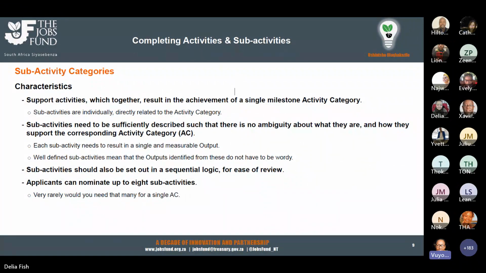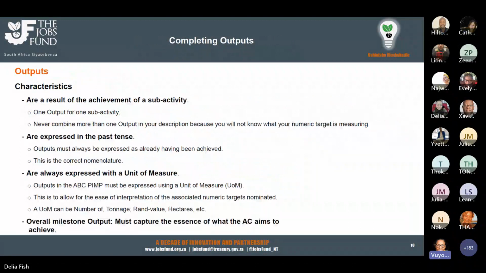So sub-activities also should be set out sequentially for ease of reference and their review. And applicants can nominate up to 8 sub-activities in their PIMPs. Next slide, please. And now we want to come to outputs.